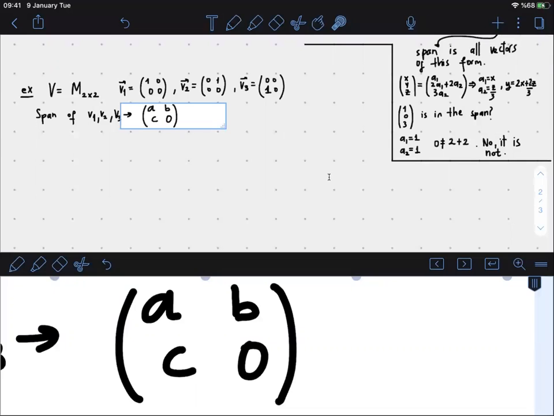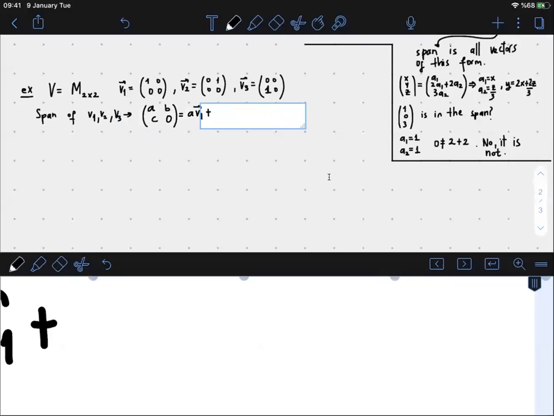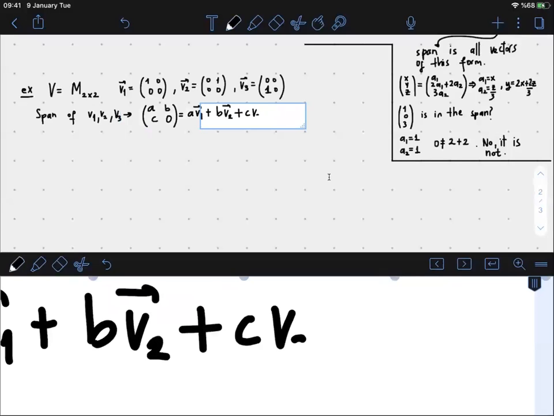But 1, 2, 5, 1 is not in the span. Why is this true? Because this is really a times v1 plus b times v2 plus c times v3.